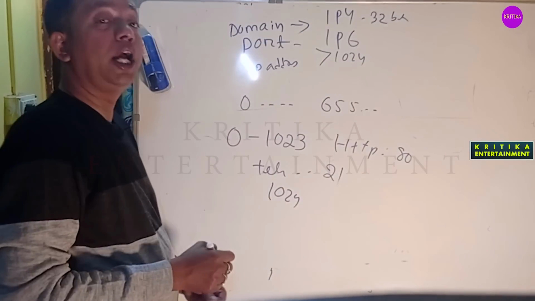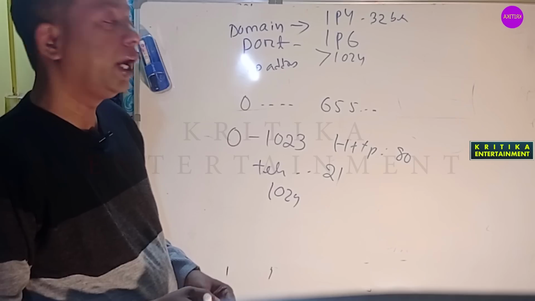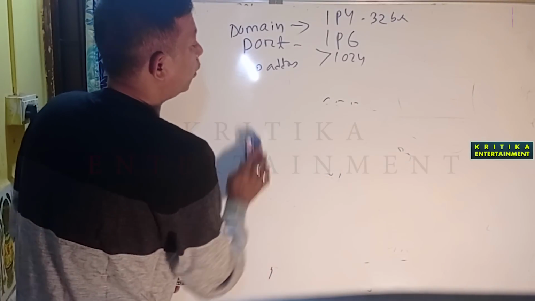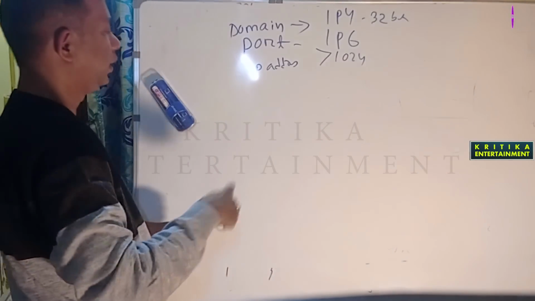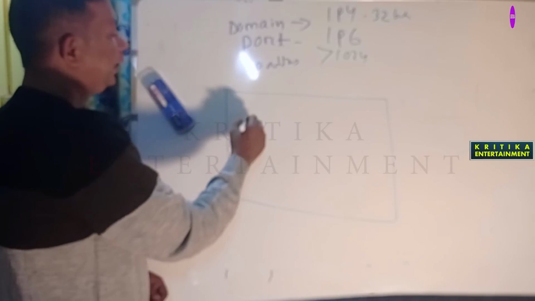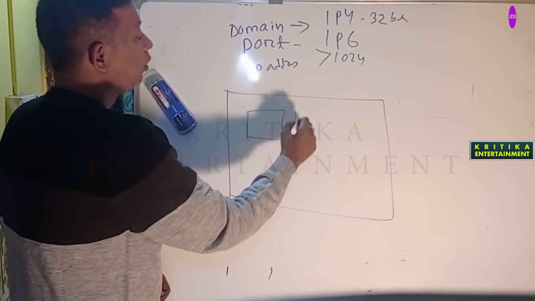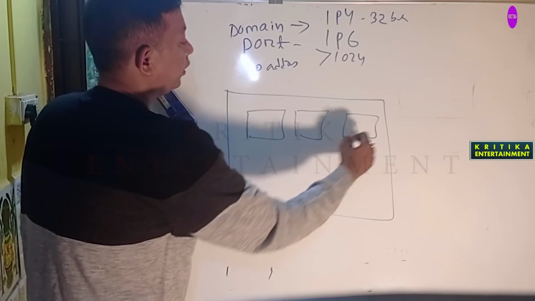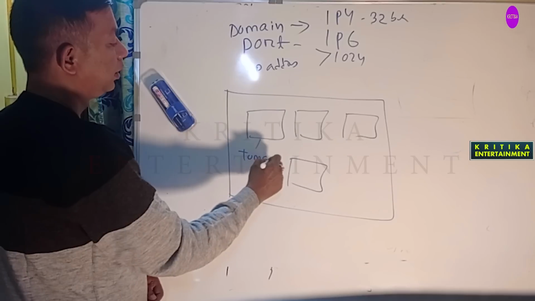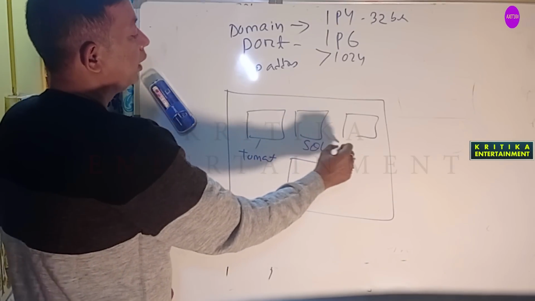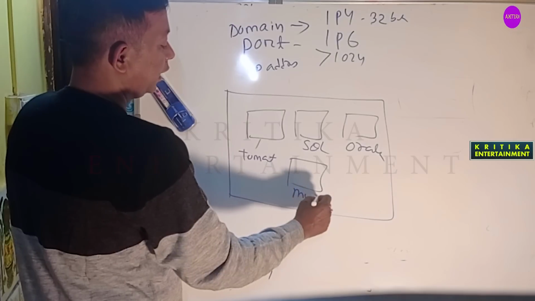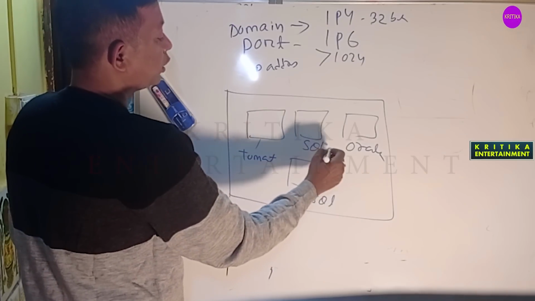Then the question is, why do we use the port? It is a good question. Suppose in one system, four programs are running: Tomcat, Oracle, MySQL, and SQL Server.